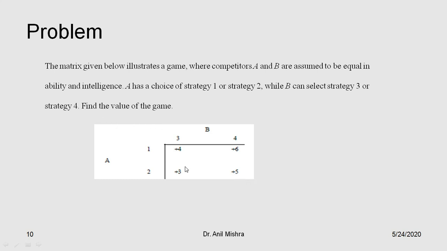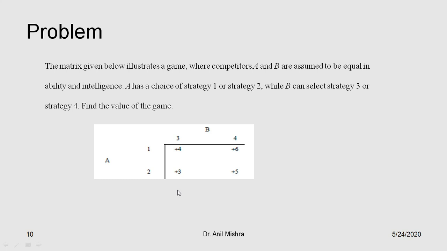In this particular case, again, how much is the row minimum? First row minimum is 4, second row minimum is 3, the maximum is 4. The column maximums are 4 and thereafter 6. So out of this 4 and 6, 4 is the minimum. So we find the maximin and minimax both are 4. That means the value of the game is 4.